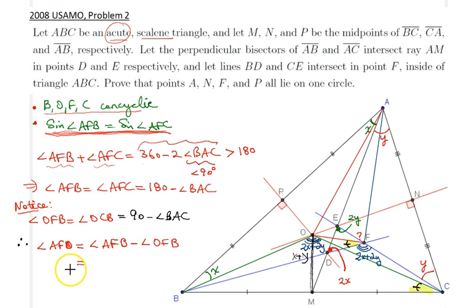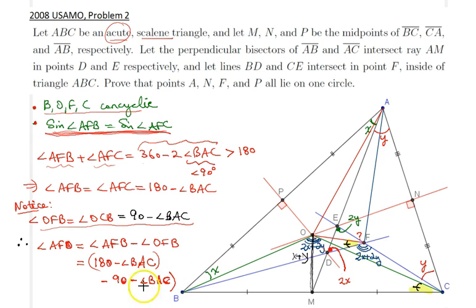But as I said earlier, angle AFB was just 180 minus angle BAC, minus angle OFB, which we just found is 90 minus angle BAC.